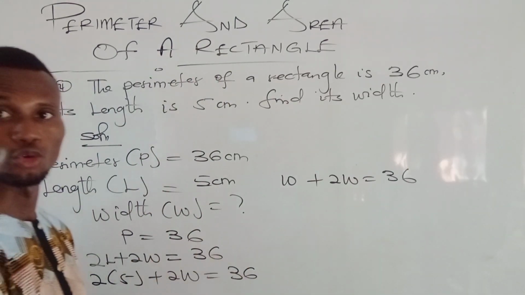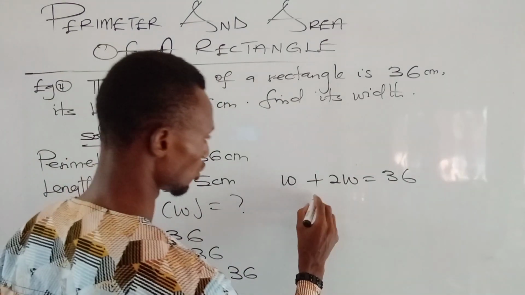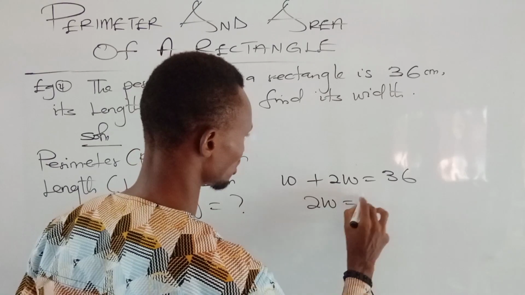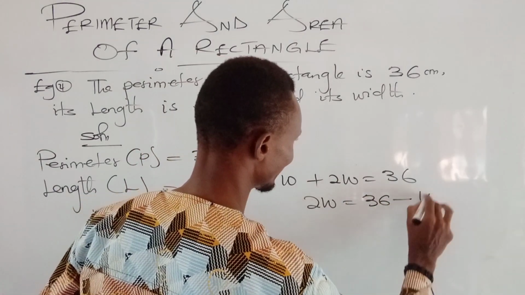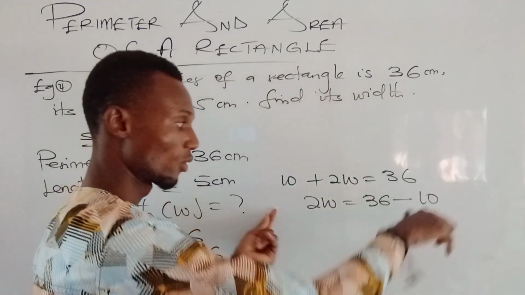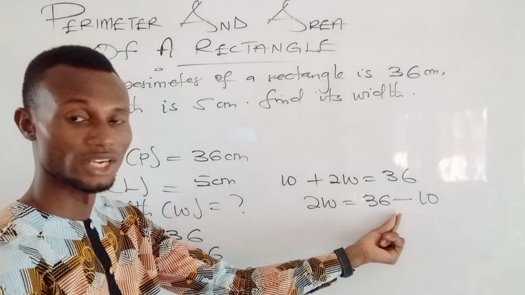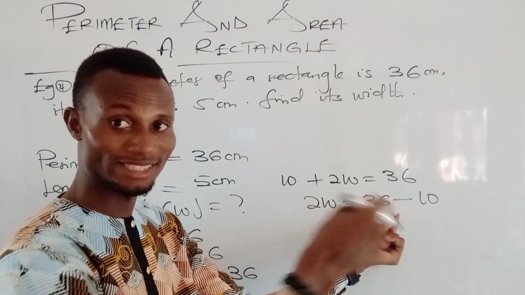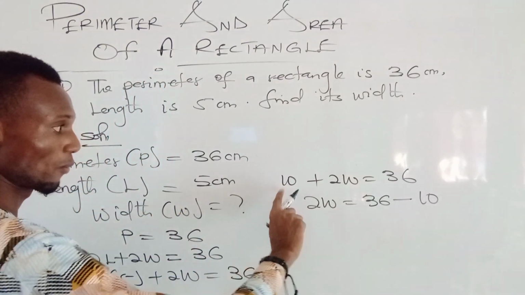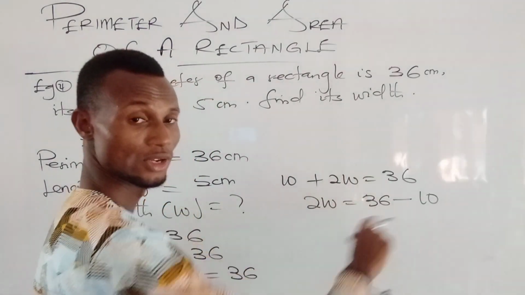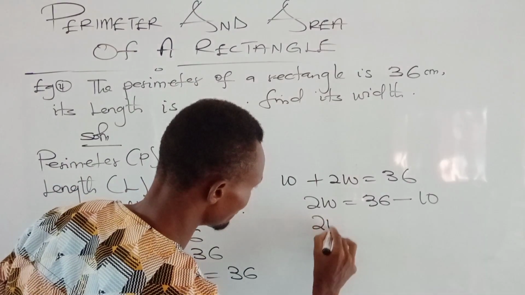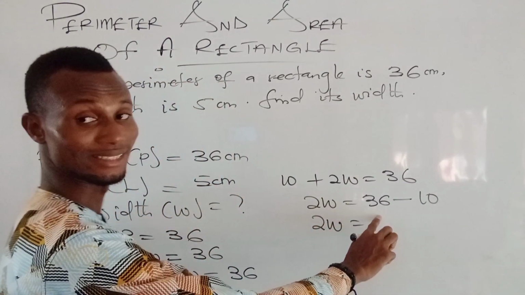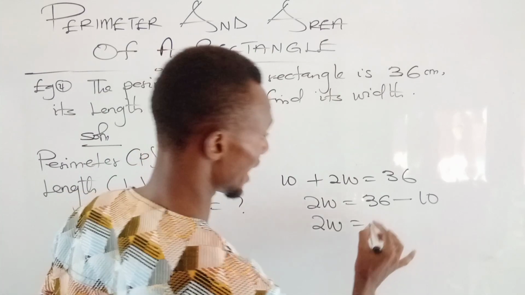From here, just group like terms and solve for W. So my 2W will be equal to 36 minus 10, because this 10 will cross the equal sign to join the 36 here. And don't forget, when anything crosses the equal sign, the sign it has changes. It is positive here; when it crosses, it becomes negative. So now my 2W will be equal to 36 minus 10, which gives 26.